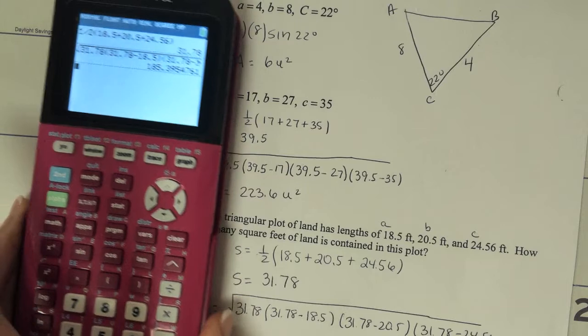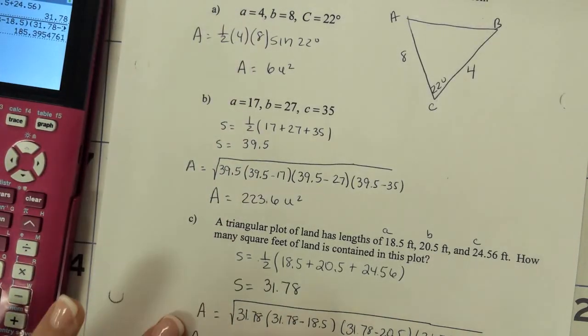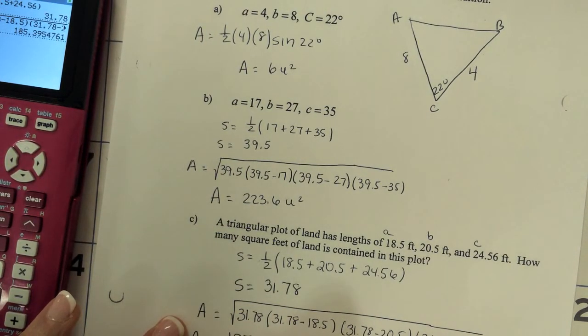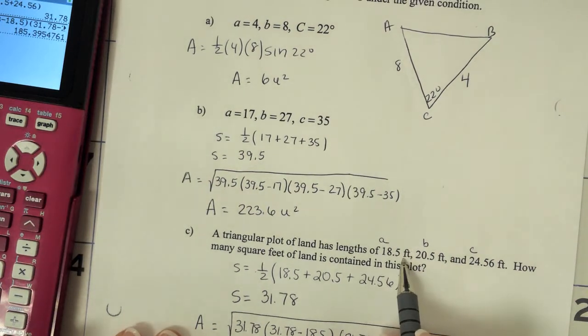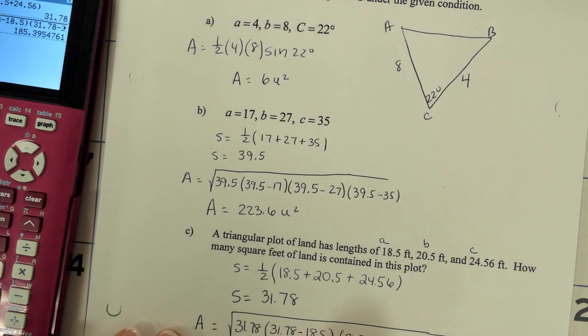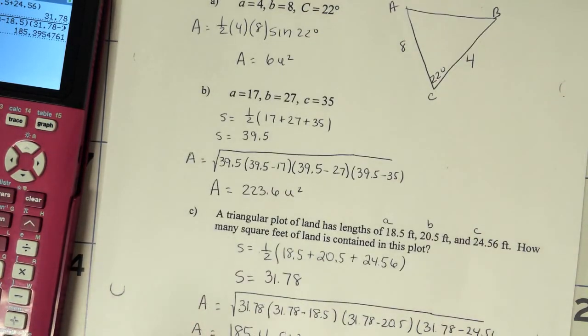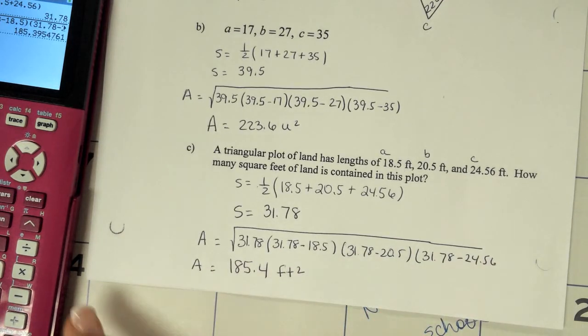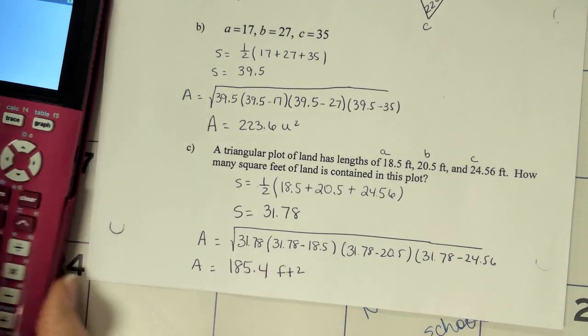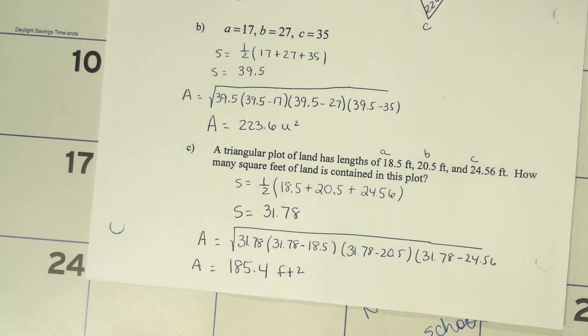So my area is 185.4. Normally it's units squared, but I know what my units are, so feet squared. So the area of that triangle is 185.4 feet squared. That's the square footage of your triangular plot of land.